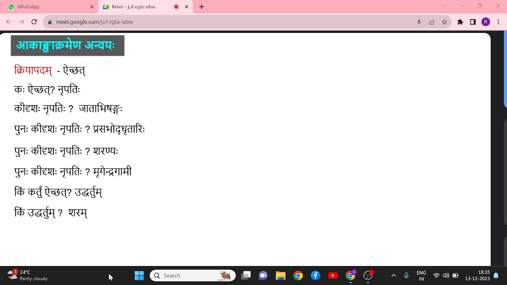Shara is actually Pullinga, right? Kimartam? Sharam, then from where? Nishangat. Then for what? Why did he want to take out the arrow?